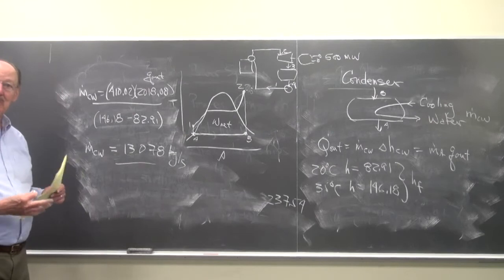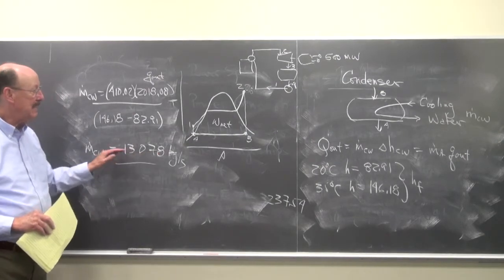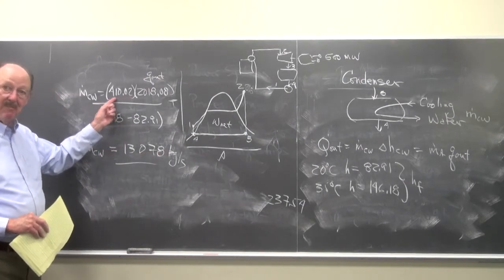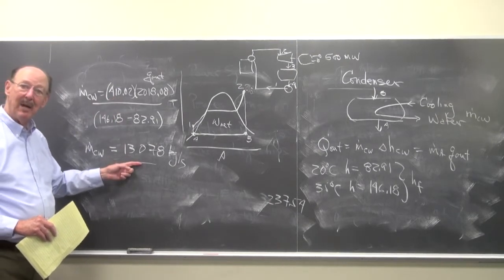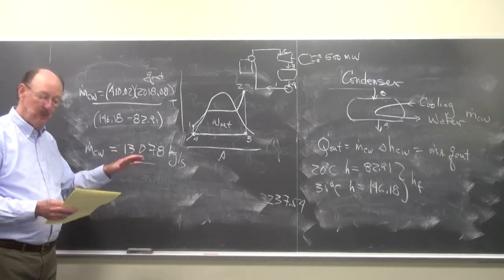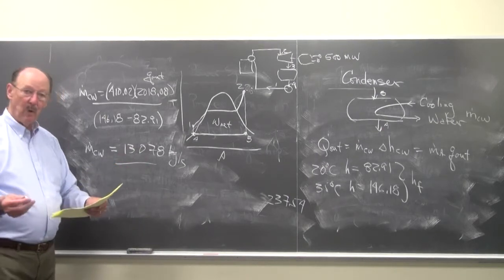That's a lot of cooling water flow rate. So this is 13,000, and we had a steam flow rate of this, we have a cooling flow rate of that. And so that's why power plants are often located near water areas.